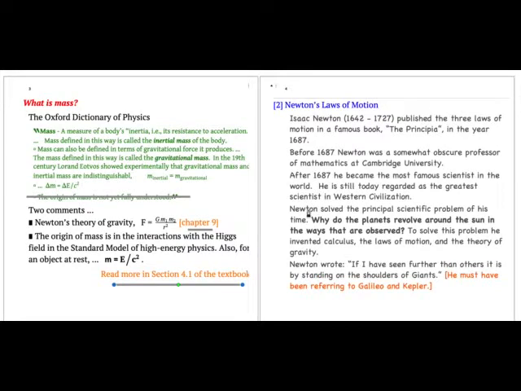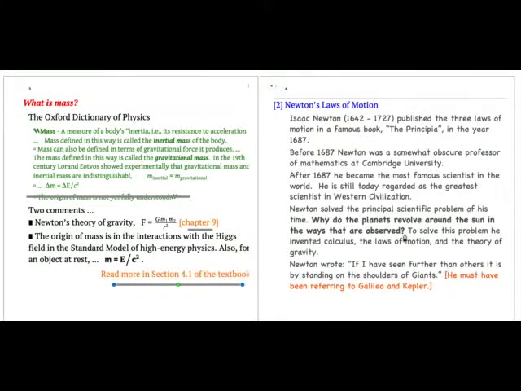Newton solved the principal scientific problem of his time, which was, why do the planets revolve around the sun in the ways that are observed? Before Newton, people thought the sun revolved around the planets. Well, no. It was really Galileo and Kepler who determined that the sun doesn't revolve around the Earth.